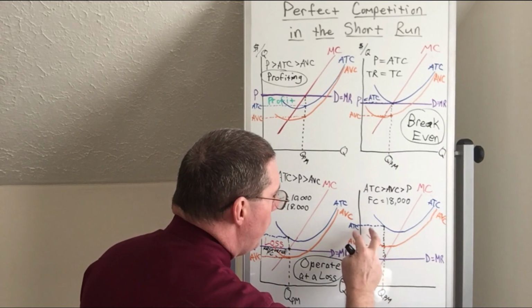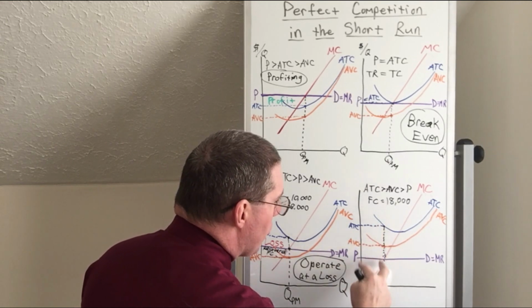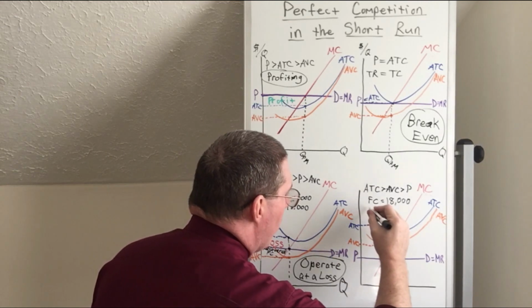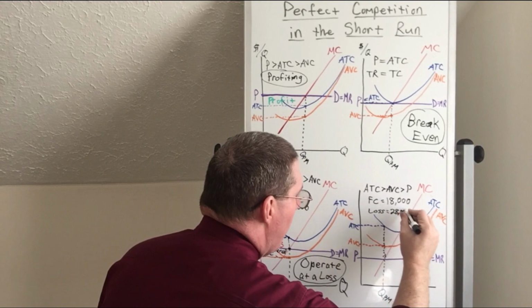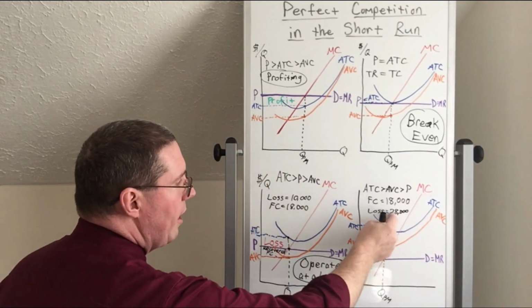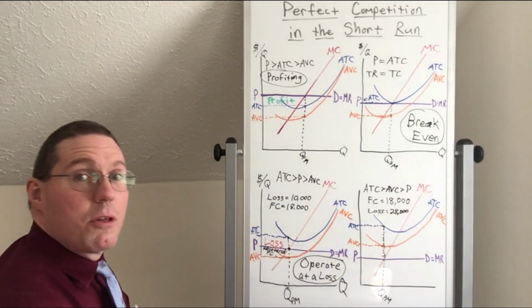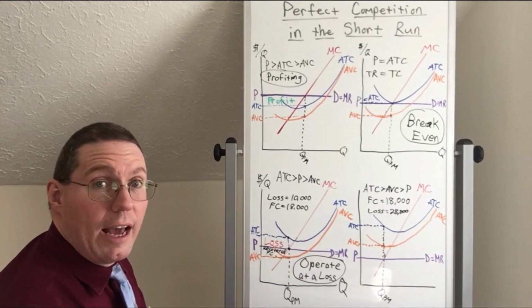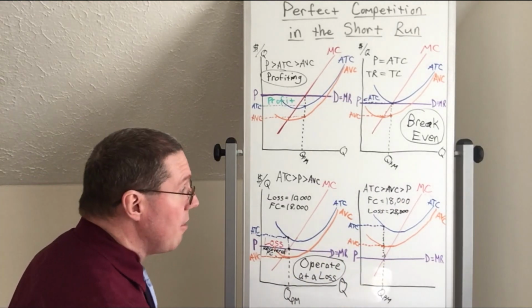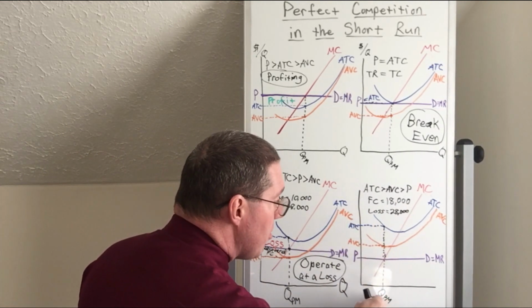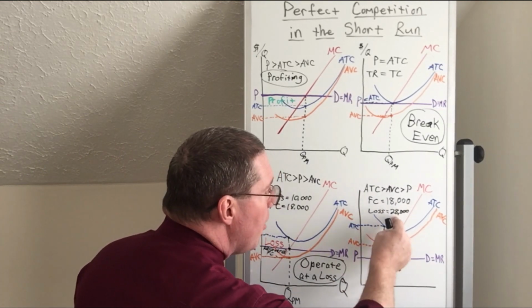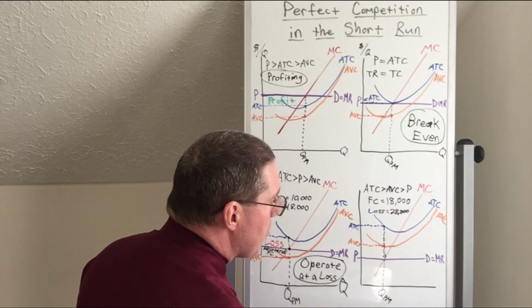So if we do 48,000 minus 20,000, that means that our loss is 28,000. And if you had to choose between losing 28,000 or losing 18,000, which one would you choose? You would say, I'd rather lose 18,000. And so therefore, if this firm operates, if they continue doing business and produce that quantity, they will lose $28,000.